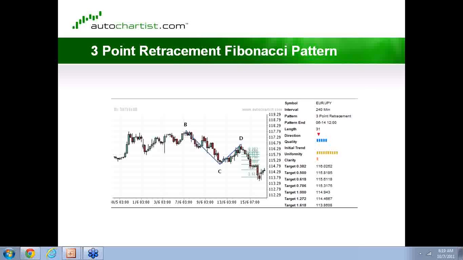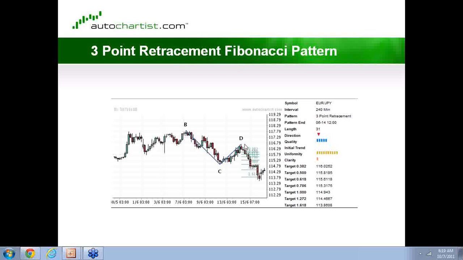So what you can see here is that with a 3-point retracement, in this case the trend is down. You have your series of lower tops and lower bottoms showing us that the trend is down. And the key is that point D here stopped at about 50% or 618 of this B to C move.